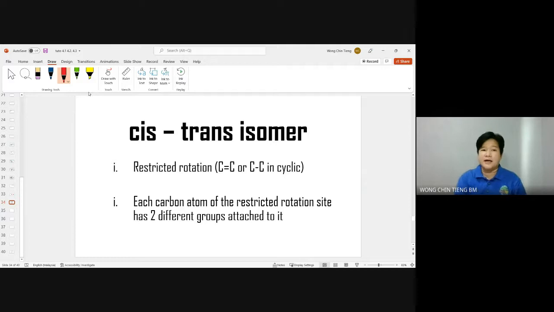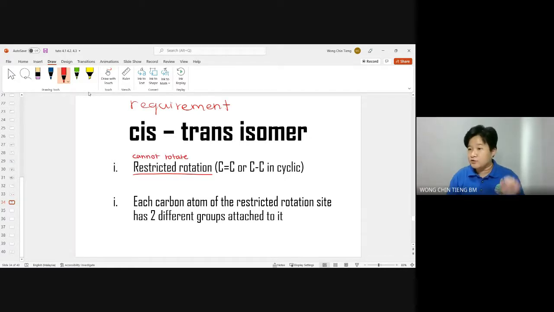Cis-trans isomer, there are 2 requirements for you to have the cis-trans isomer. The first requirement adalah restricted rotation. Sebelum saya move on, apa maksud restricted rotation? Restricted rotation means you cannot rotate. Okay, itu maksud restricted rotation. And kita ada 2 orang yang takkan rotate.